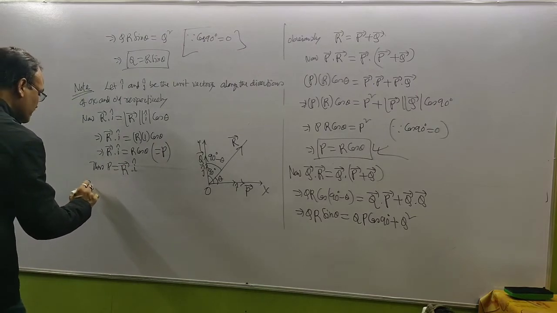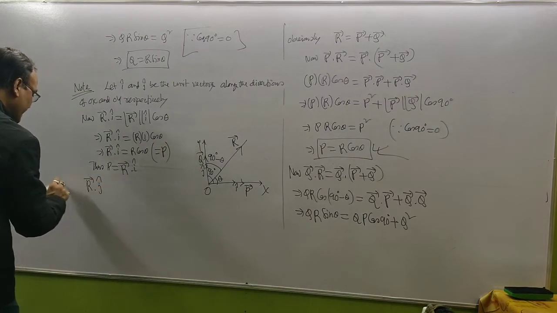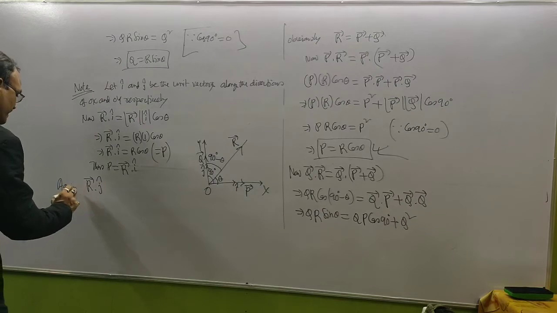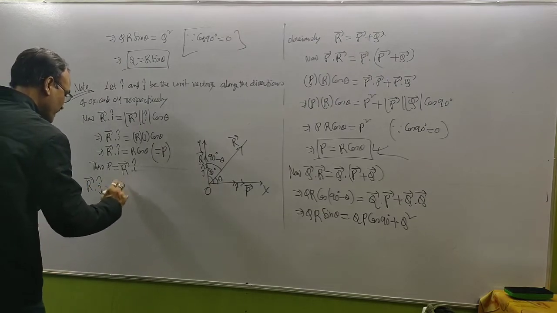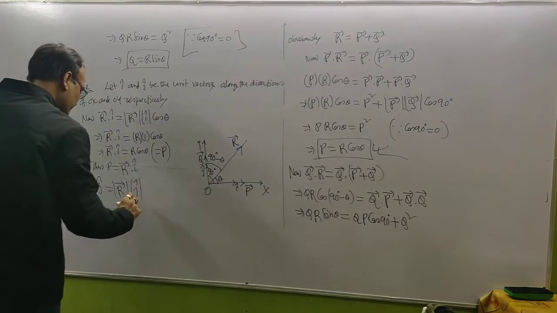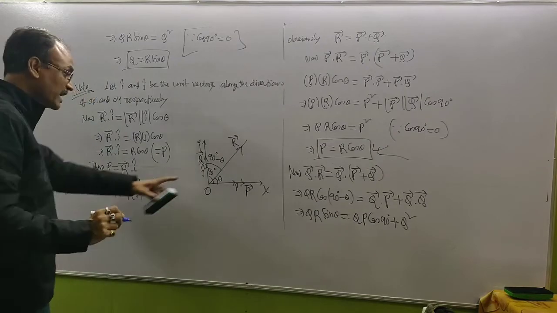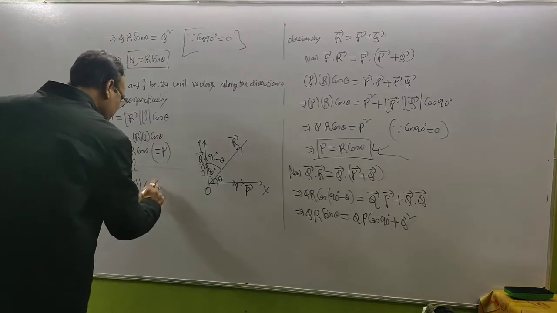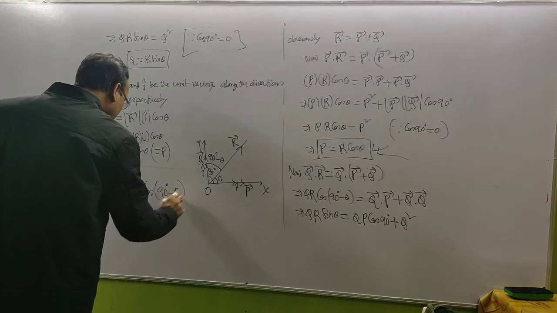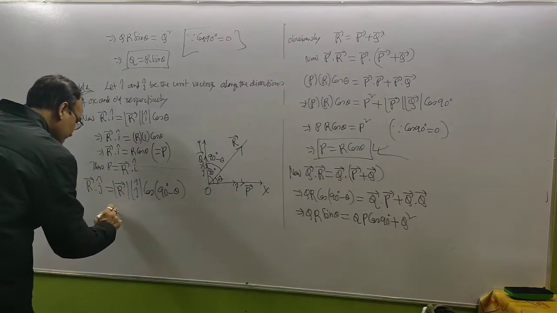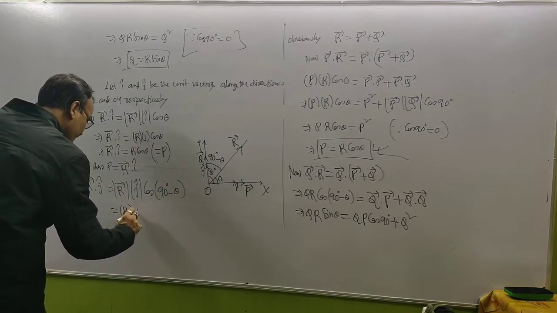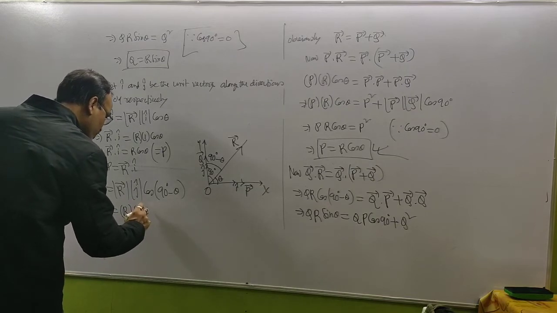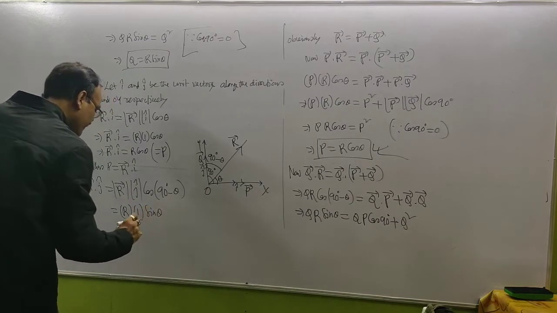Now, R vector dot j cap equals magnitude of R vector, magnitude of j into cos of the angle between R and j, which is 90 degree minus theta. This is equal to R times the unit vector magnitude, sin theta.